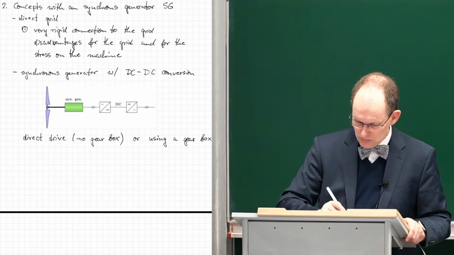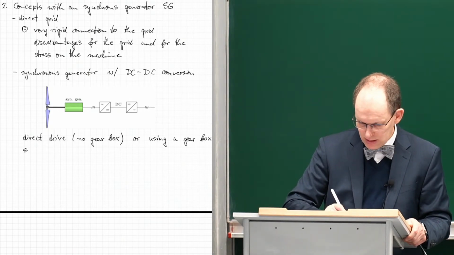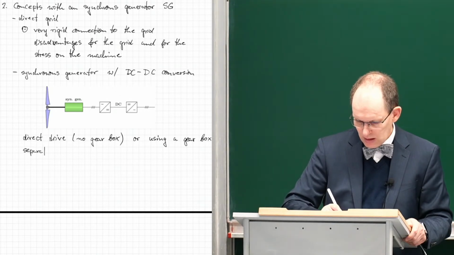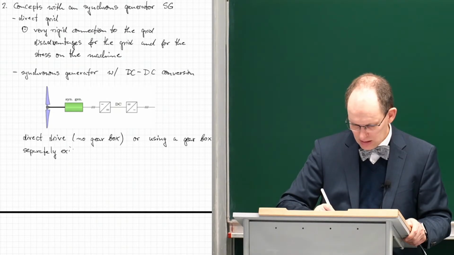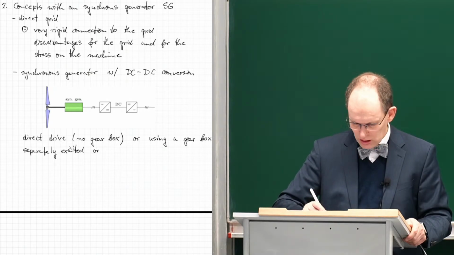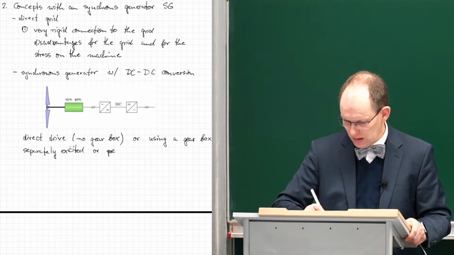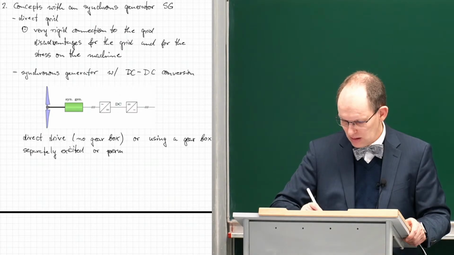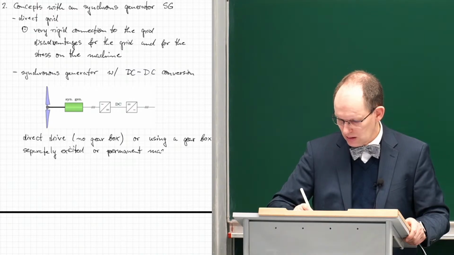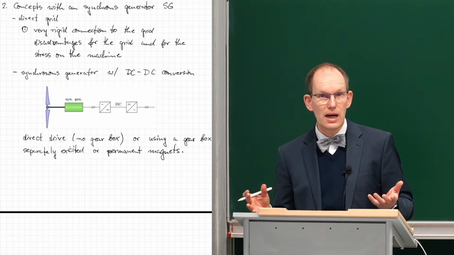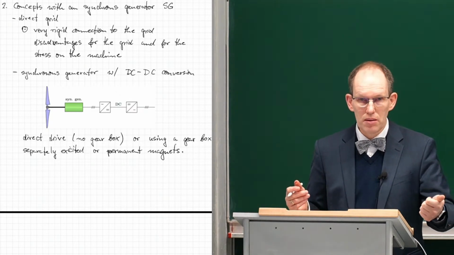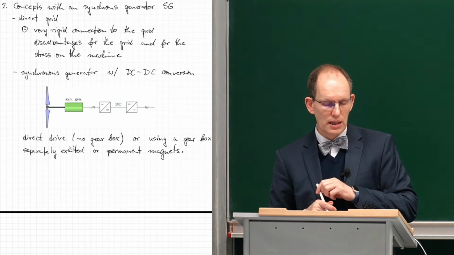This is one option. And then separately excited, so fremderregt, or permanent magnets, permanently excited. And guess what? The most modern design is to use permanent magnets and not to use a gearbox.